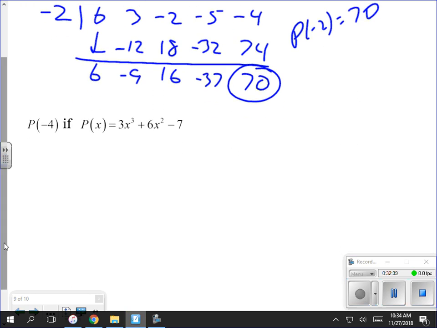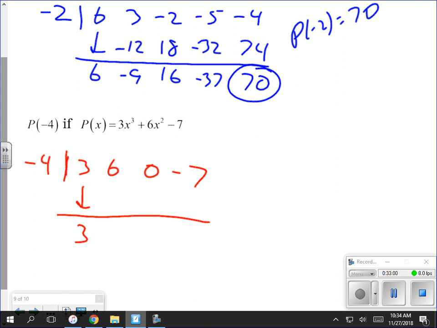In the second one, I have -4, going into 3x cubed, 6x squared, 0x, minus 7. So I have to have a 0 because I don't have any x's. Bring down the first number. Multiply, add, multiply, add, multiply, add. -4 times 3 is -12. Add together, I get -6. -4 times -6 is 24.